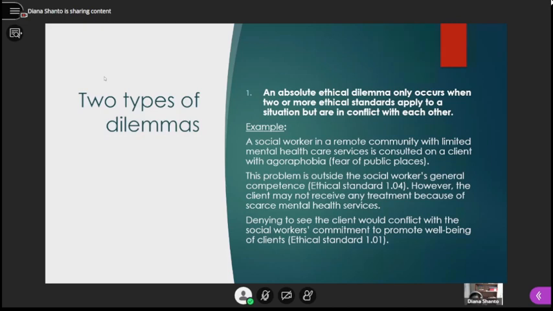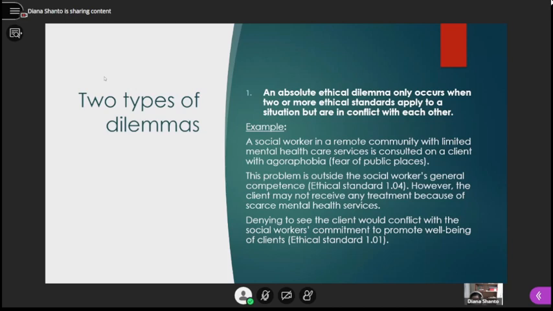But you don't have that expertise to work with them. But if you don't do it, il n'y aura personne d'autre parce que it's limited services. Que faites-vous? Si vous n'y allez pas, il n'y aura pas de traitement pour cette personne. But at the same time, you don't have expertise to work with that client.